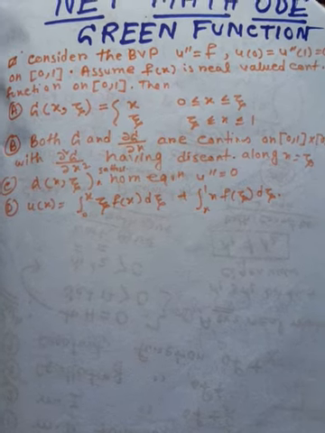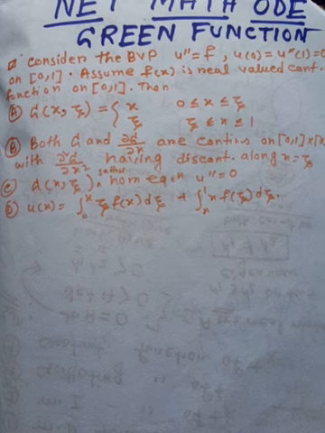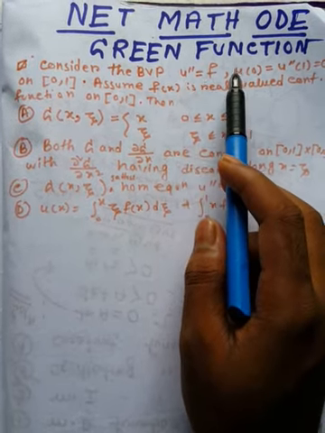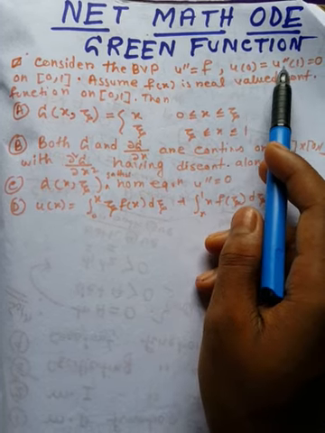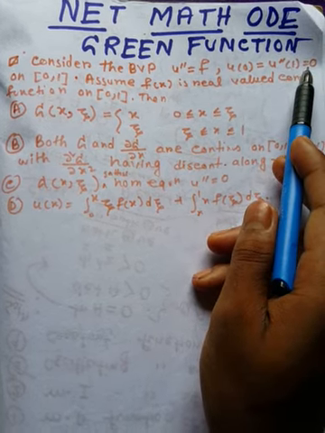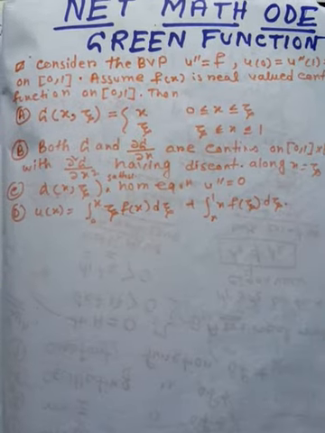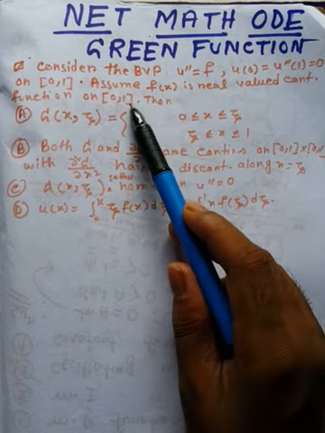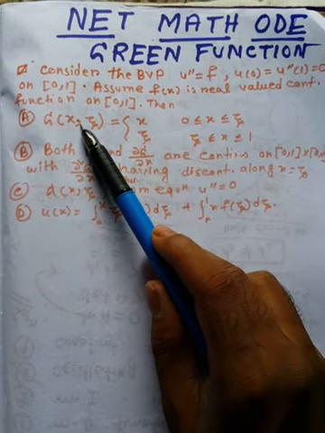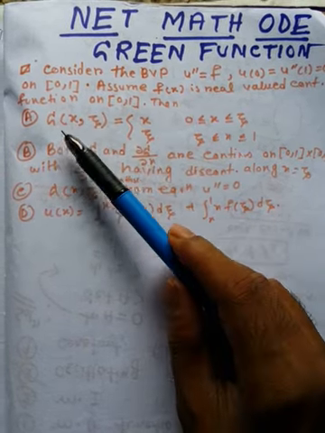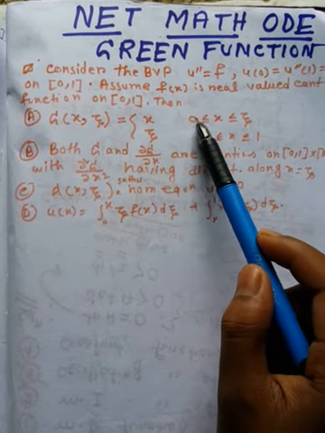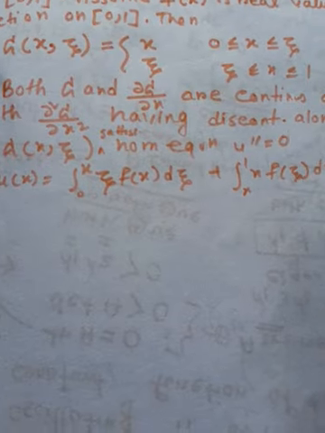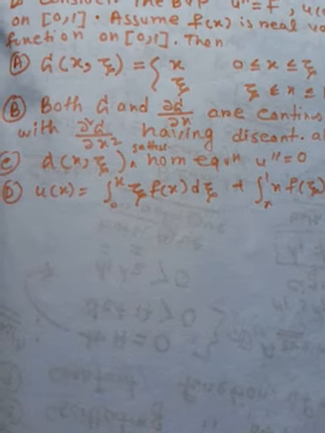Now this question is: consider the boundary value problem u double dash equal to f, where u of 0 equal to u double dash 1 equal to 0, and assume f(x) is a real valued continuous function on [0,1]. Then G(x, xi), the Green's function, is given by x xi... for 0 ≤ x ≤ xi, and xi for xi ≤ x ≤ 1.